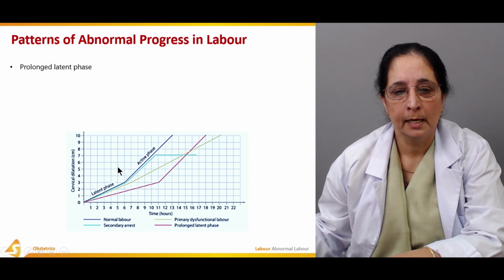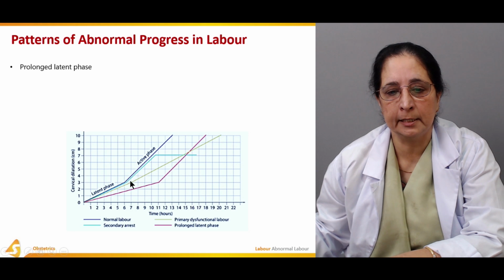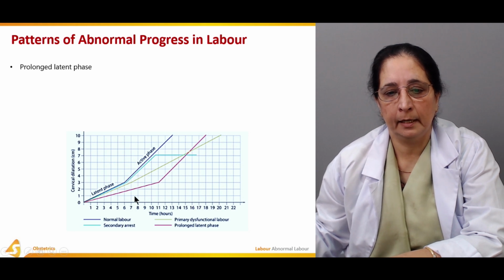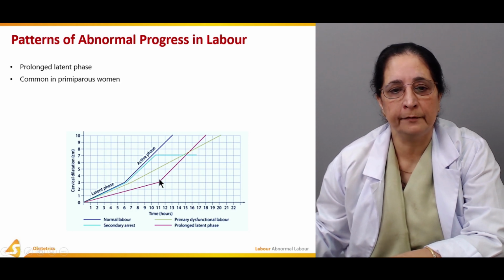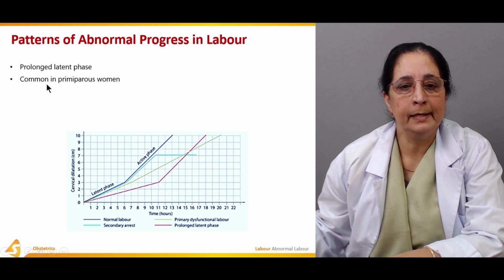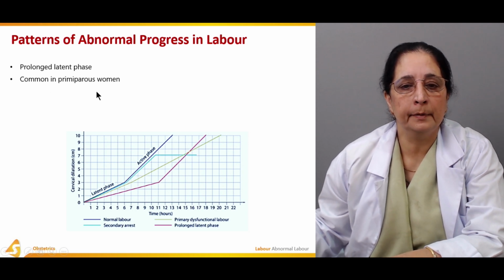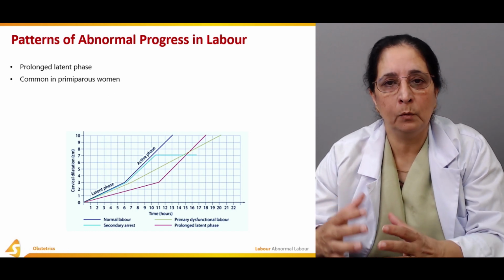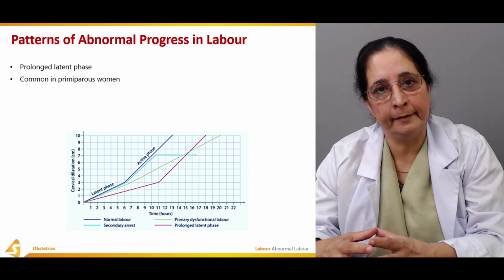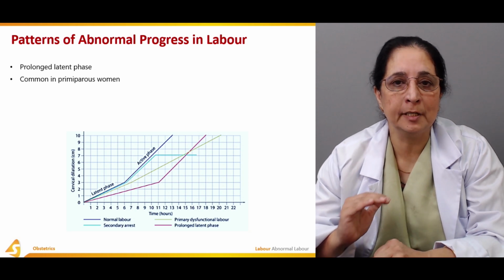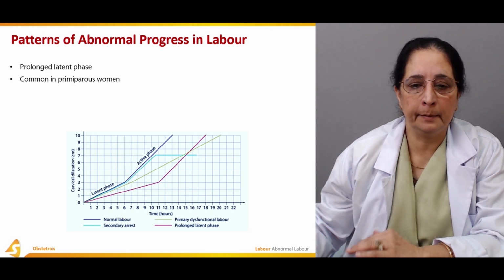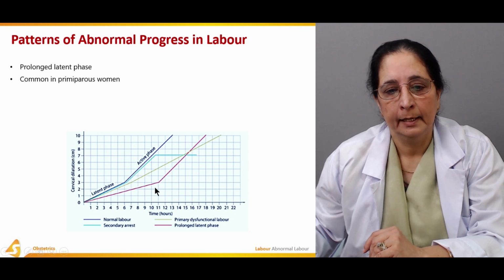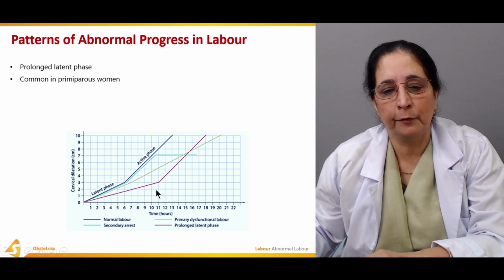Prolonged latent phase, the red line. This is common in primiparous women. Primiparous women are women who are having their first delivery. Usually in the first delivery, the latent phase of the first stage is prolonged.